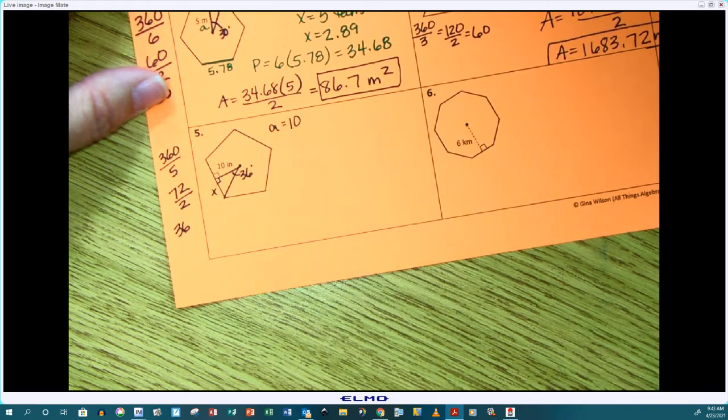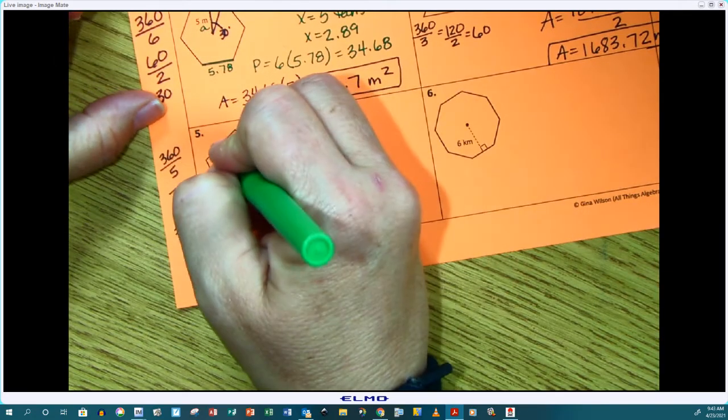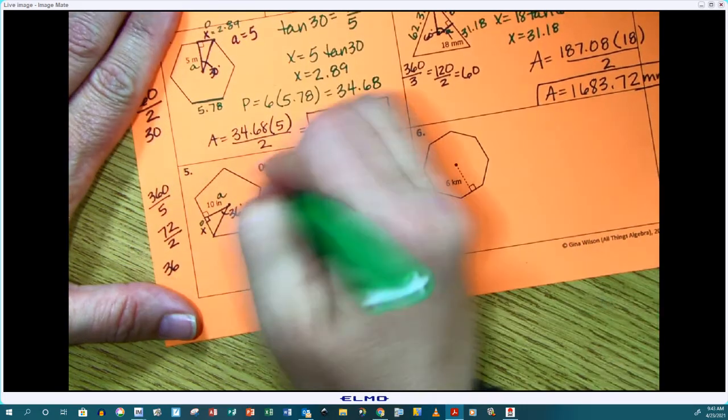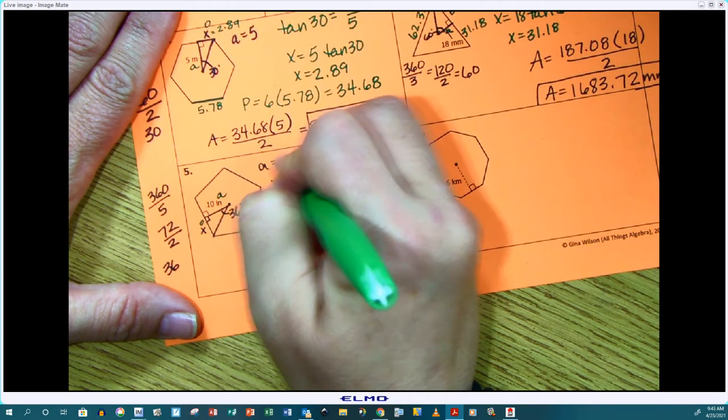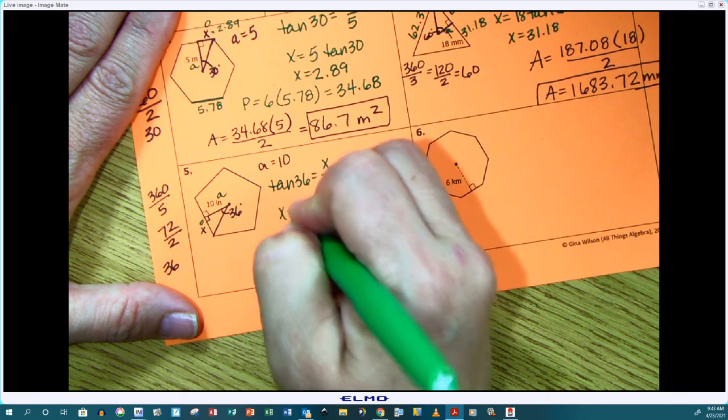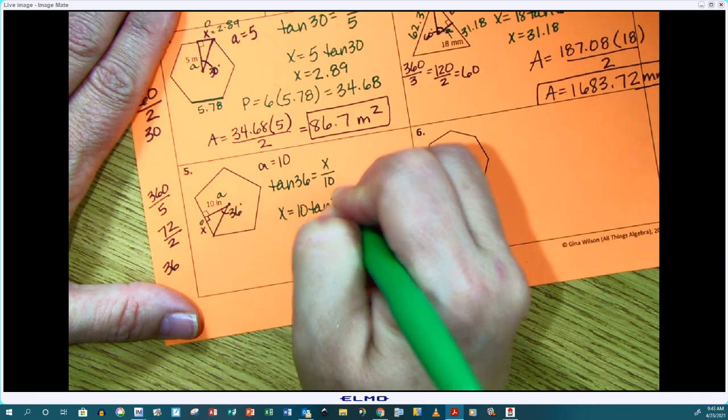So now, this is adjacent, this is opposite. So, geez, it's tangent again, just like the other two. So the tangent of 36 is opposite over adjacent. So x is 10 tangent 36.